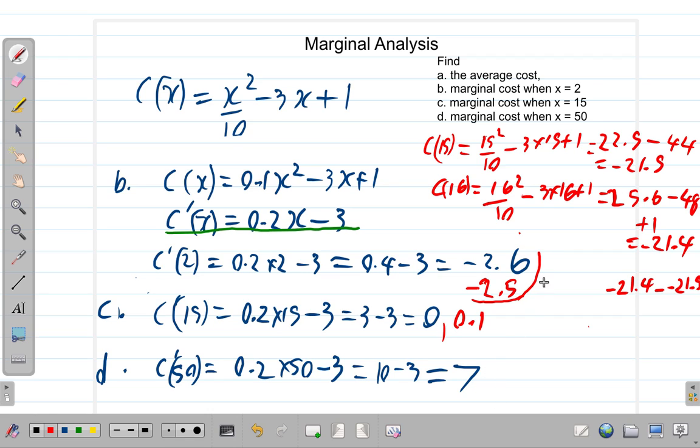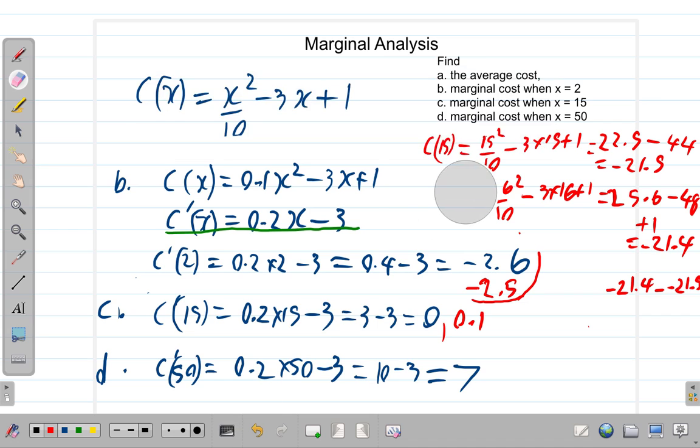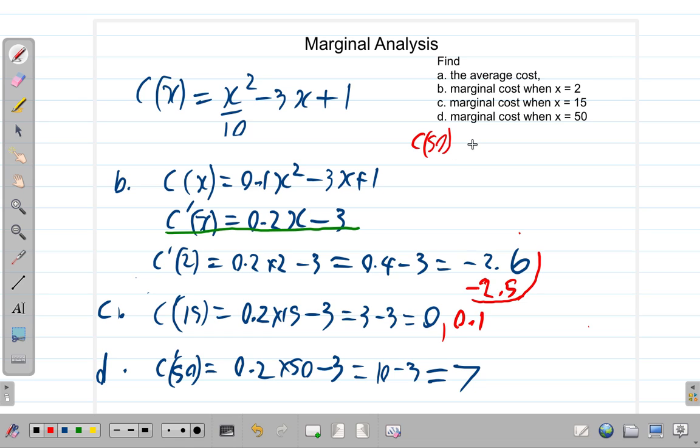Now at 50, let's calculate what happens at x equals 50. After that we'll do 51 and subtract them. C at 50 is equal to 50 squared over 10 minus 3 by 50 plus 1.